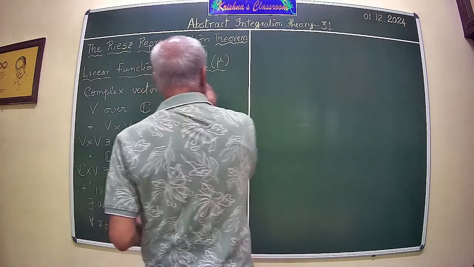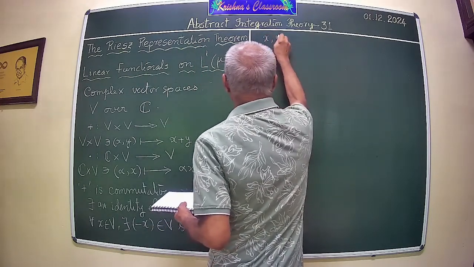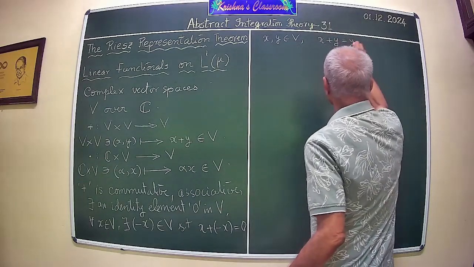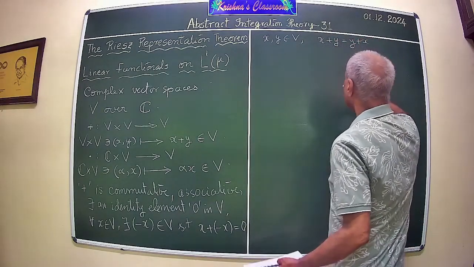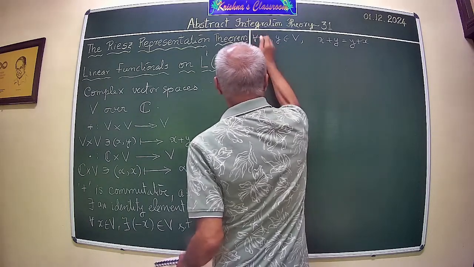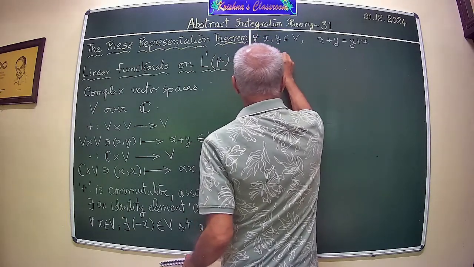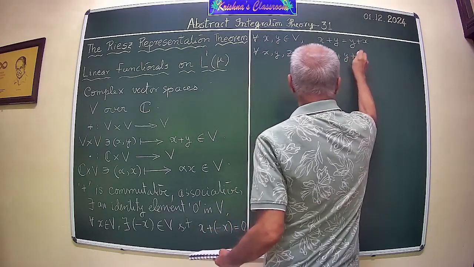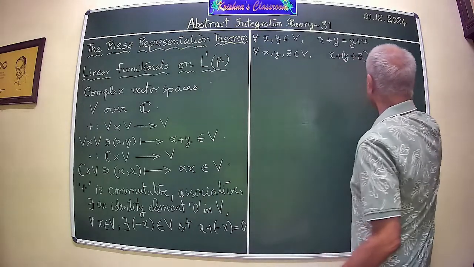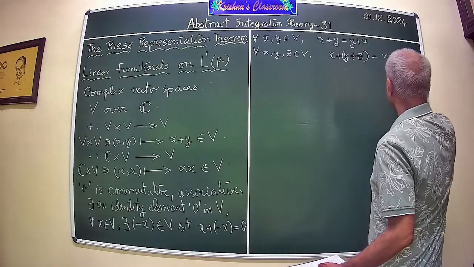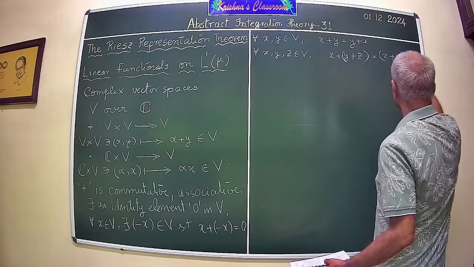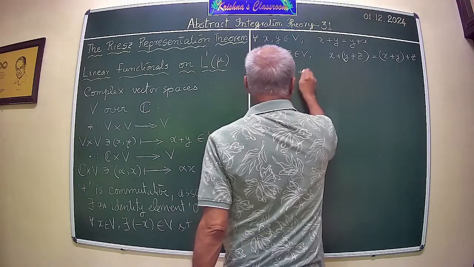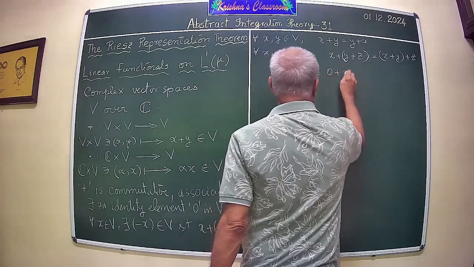So what we have is this. You have x, y belonging to V. We have x plus y equal to y plus x. Then for every x, y, z belonging to V, we have x plus y plus z, this is associativity. And then you have x plus 0 equal to x.